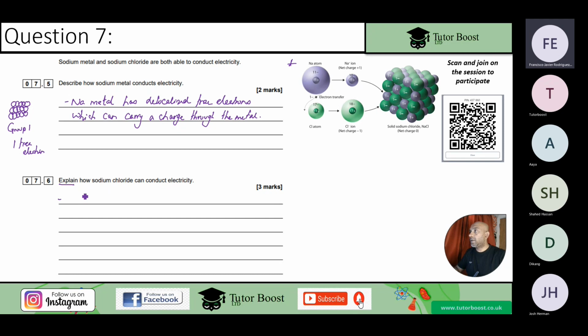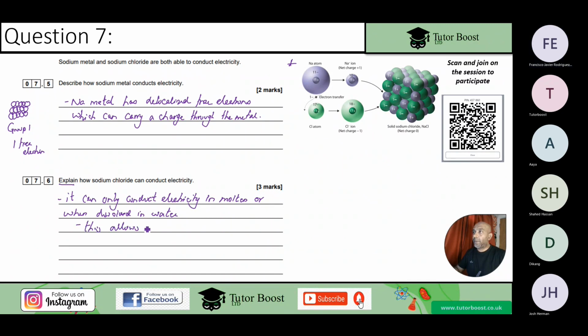It can only conduct electricity when molten or when dissolved in water. This allows the ions to move freely to carry a charge.